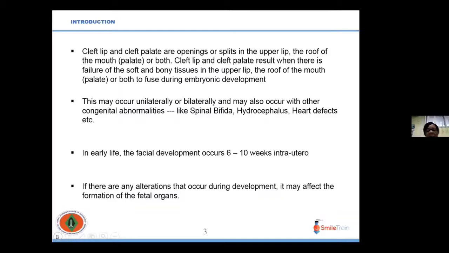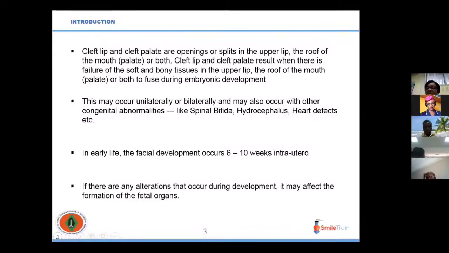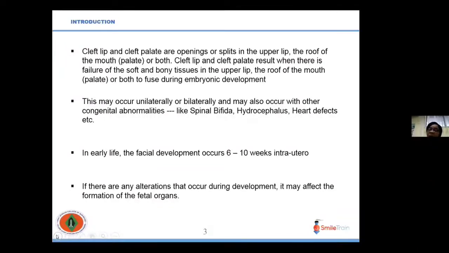This may occur unilaterally or bilaterally, and may also occur with other congenital abnormalities like spina bifida, hydrocephalus, some congenital heart diseases, autism, and other deformities found in children.